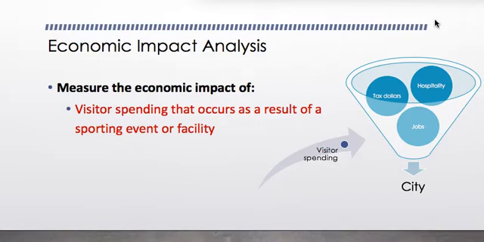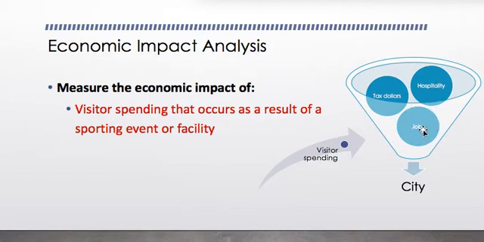Okay, this is just a visual I like to show when we're trying to reference economic impact. Again, think of it, this is the city, right? Here's the visitor spending coming into the city as a result of a sporting event that's happening. And here's what's happening as a result, right? Tax dollars are coming in. The hospitality industries are getting money, right, because there's visitor spending.